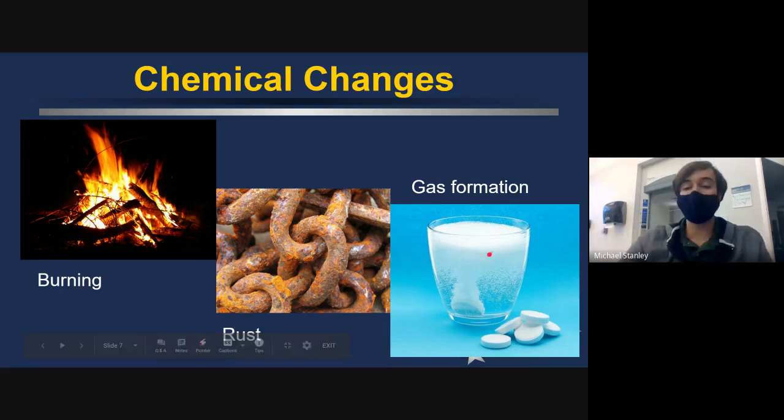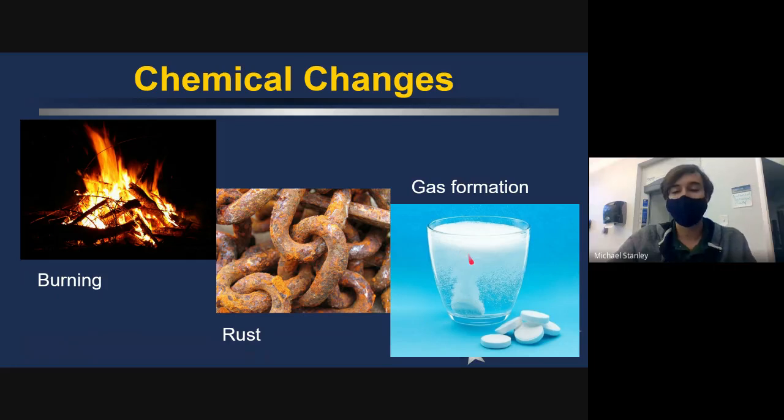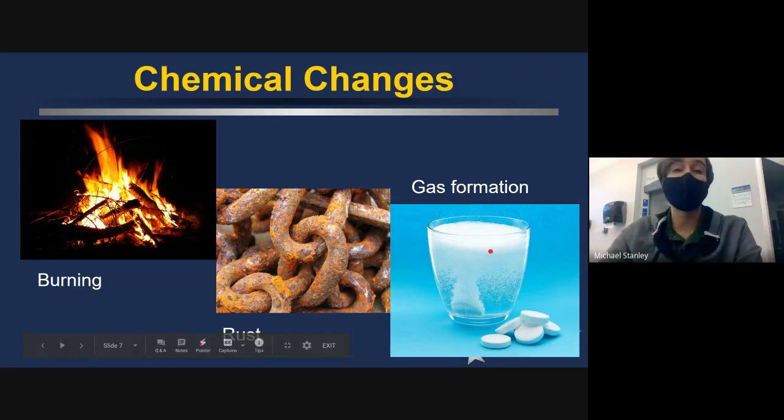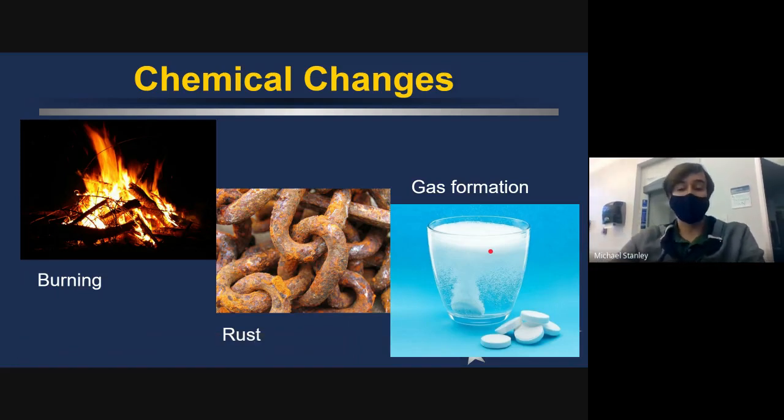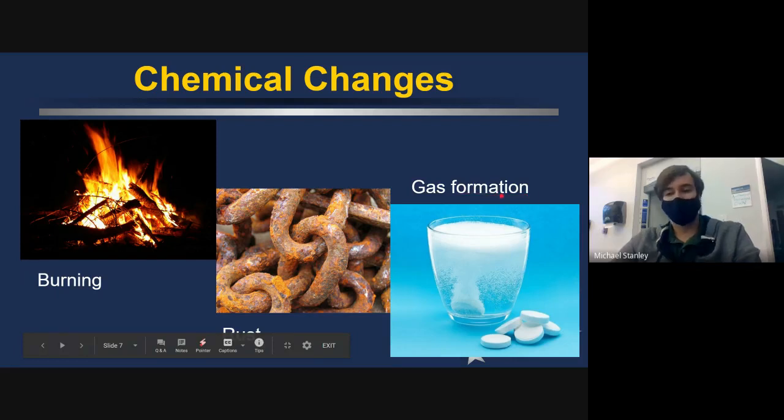So all these little bubbles that form and fizz up at the top of your cup, this is all gas being released by the chemical change between the water and the Alka-Seltzer tablet. So this gas is a new chemical being formed that was not there before. We have a chemical change between the tablet and the water, and that gives us this gas.